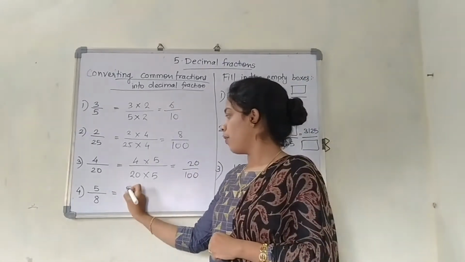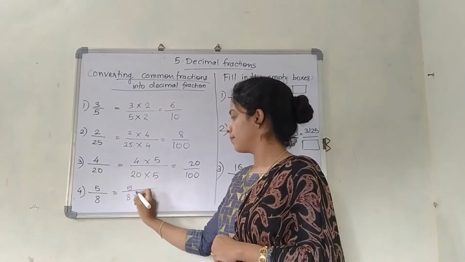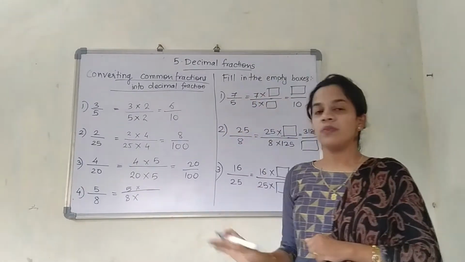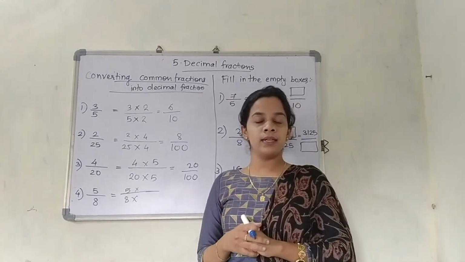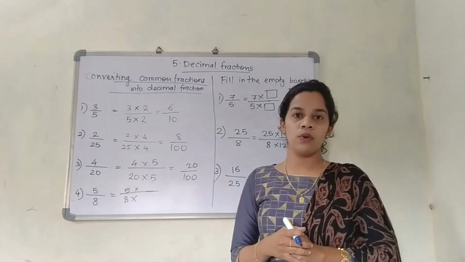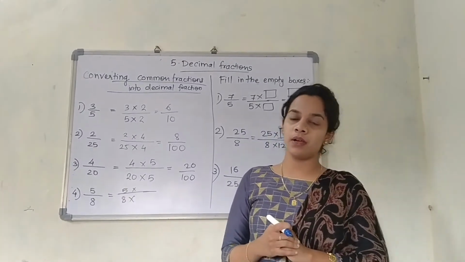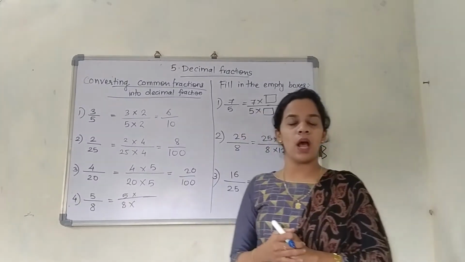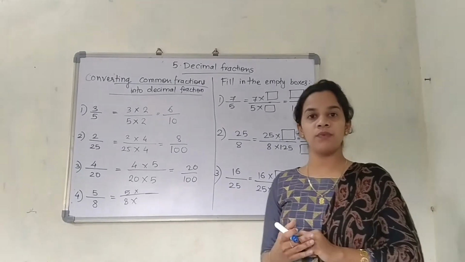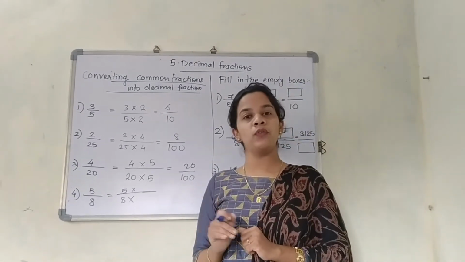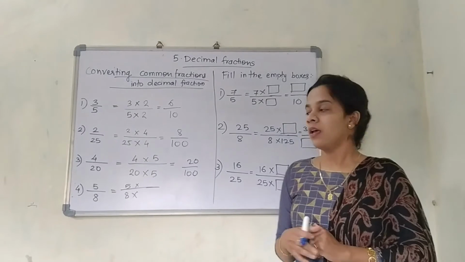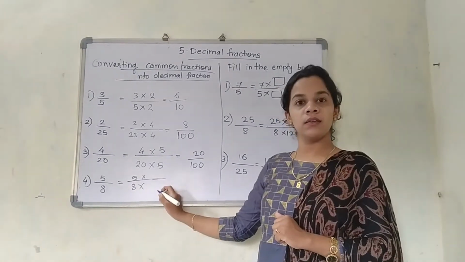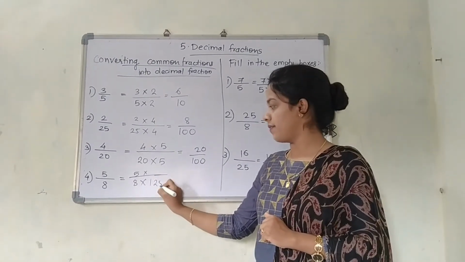Now 5 upon 8, I will write as it is again. In 8's table, is 10 coming? No. Can you tell me if 100 is coming in 8's table? Again no. So we will try 1000 now. In 8's table 1000 will be coming, yes. If you divide it properly, you will get 1000. So 8 how much is 1000? 8 125s.